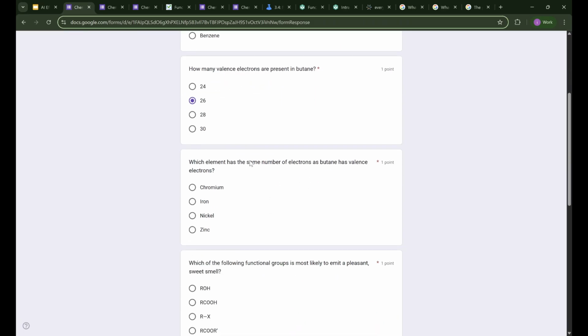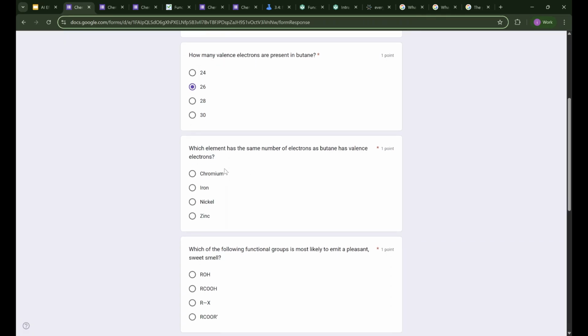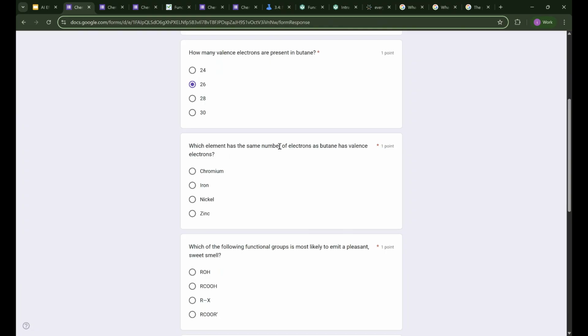Which element has the same number of electrons as butane has valence electrons?